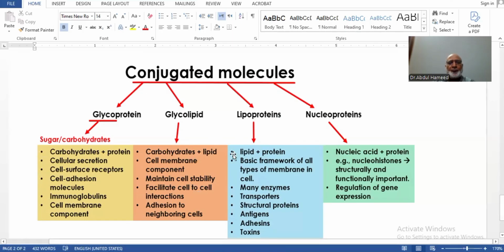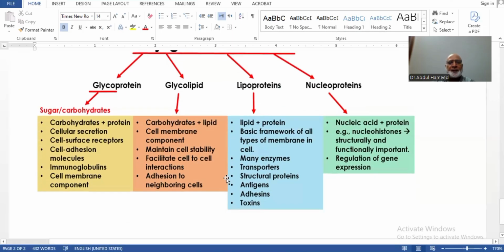Then come the lipoproteins: lipids plus proteins, the basic framework of all types of membranes in the cell. When we study the cell membrane in detail, we come across the lipoproteins in detail. Many enzymes, transport, structural proteins, antigen adhesion, and sometimes toxins are also lipoproteins in nature.